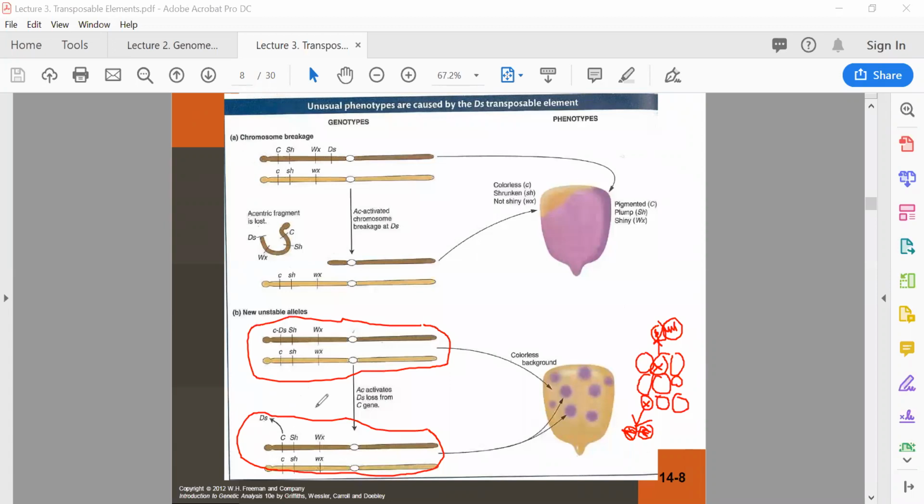Yes, that's right. Where the DS has been activated to leave the pigmented gene, C, only those cells will be pigmented. So obviously this event has occurred here early on in the development of the kernel, and it's occurred there and there, and there.